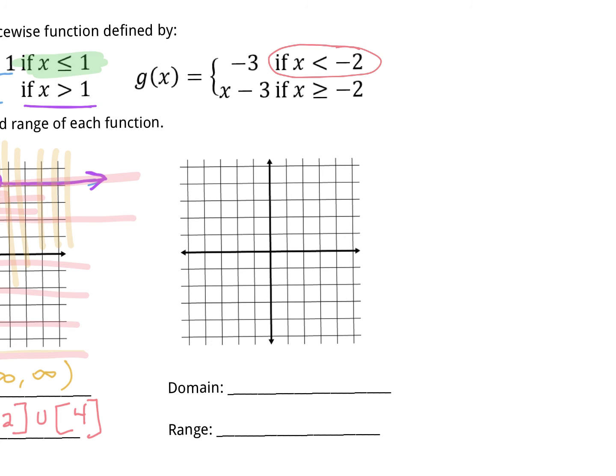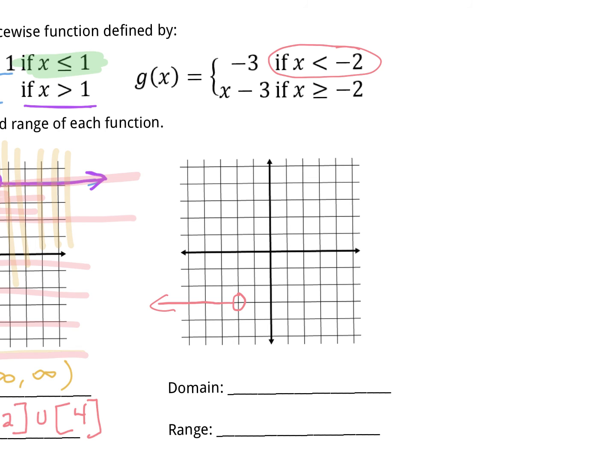And so at the point (-2, -3), I'm going to draw an open circle there. And I'm going to draw that graph. I know I need to draw the graph of y is equal to -3, and it's going to have to go in the less than or the left direction.